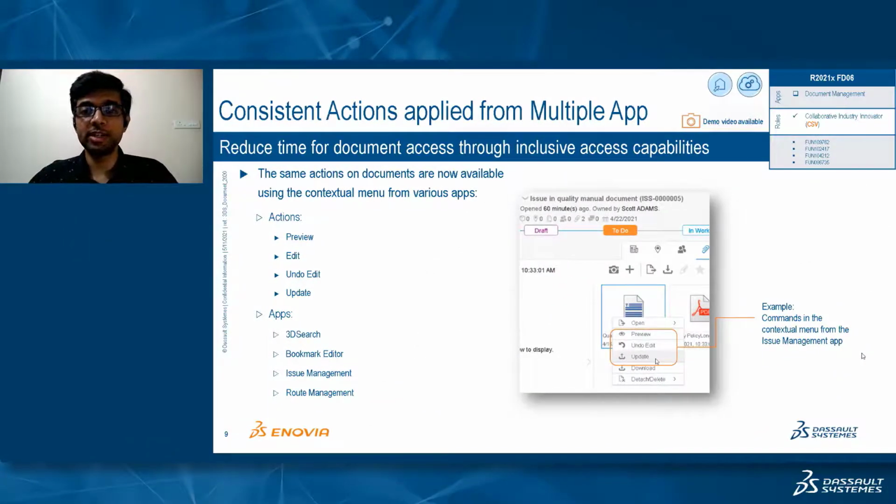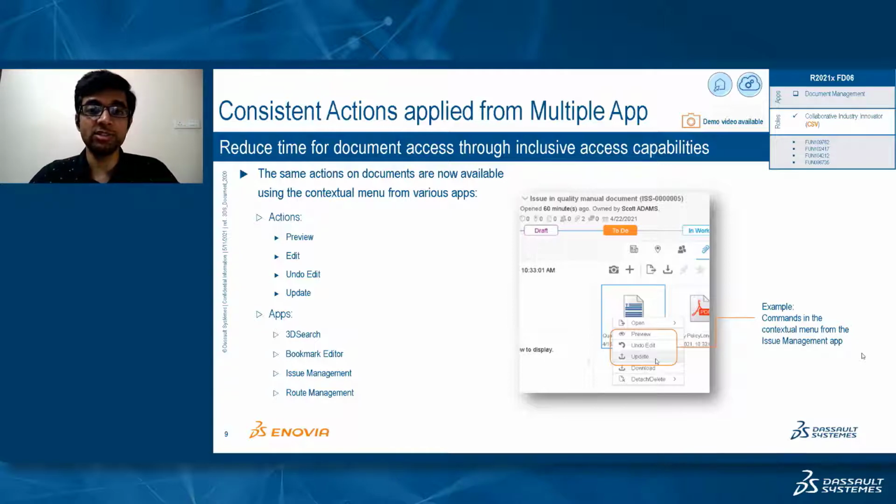The next enhancement is about the document management app. Basically, there is a set of actions which are now consistently available across different applications. For example, the actions are preview, edit, undo edit, or update.